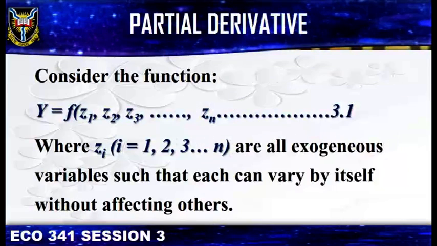Content. Partial derivative. Consider the function y equals f(z1, z2, z3, ..., zn), equation 3.1, where zi, i equals 1, 2, 3, ..., n, are all exogenous variables such that each can vary by itself without affecting others.